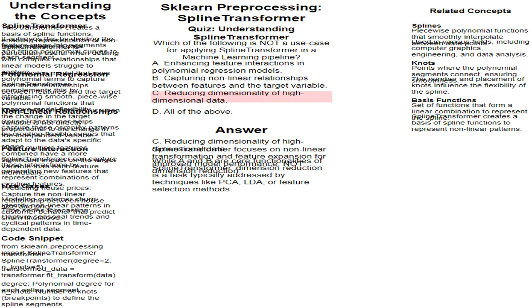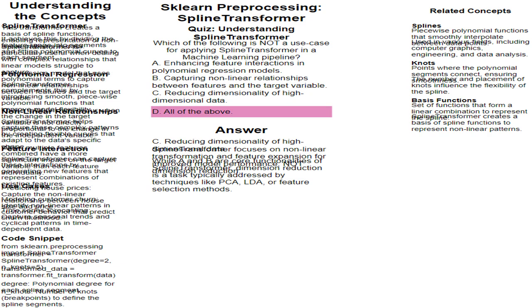C. Reducing dimensionality of high-dimensional data. Spline transformers' primary goal is to improve model performance by capturing nonlinear patterns and enhancing feature interactions, not reducing dimensionality. Dimensionality reduction is typically addressed by techniques like principal component analysis (PCA), linear discriminant analysis (LDA), or feature selection methods.